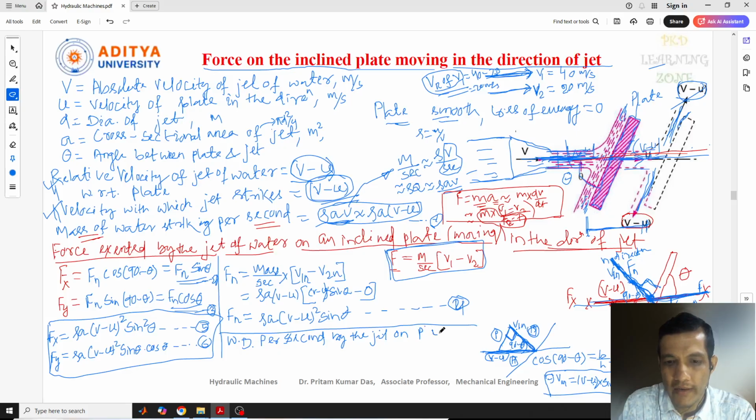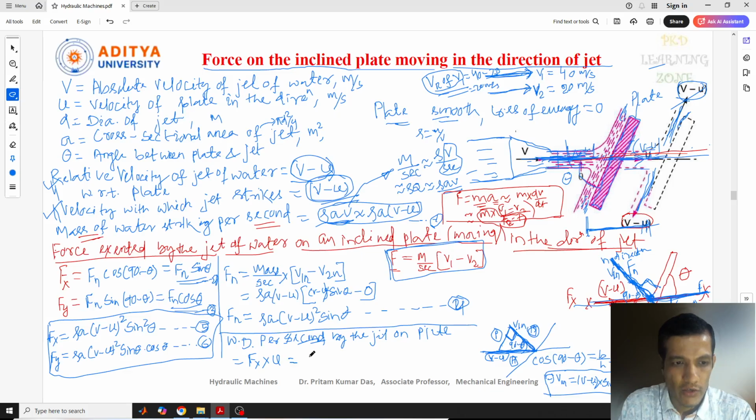We know that work done equals the force exerted on the plate in the x direction into distance traveled. But here the distance traveled we don't know. So what I'll do, per second I have taken, that's why work done per second. So distance with respect to time, per second, that is nothing but the velocity u.